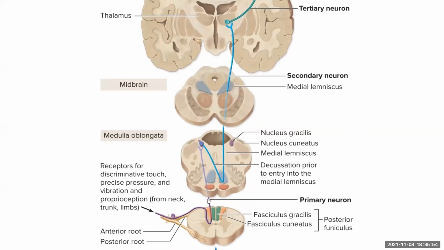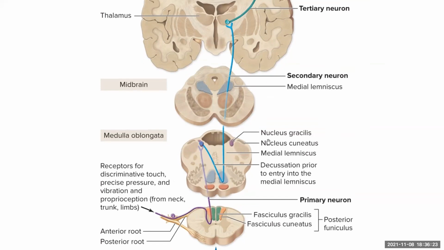All right, so here's our primary neuron. It's ascending up through the spinal cord, up into your brainstem. And it's going to arrive and synapse on the secondary neuron. Now you can see here, we have the nucleus gracilis and the nucleus cuneatus. So again, depending on the origin of the stimuli is going to determine which nucleus it's going to go into.